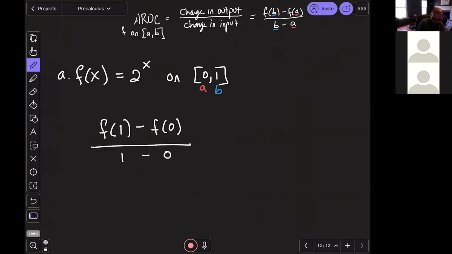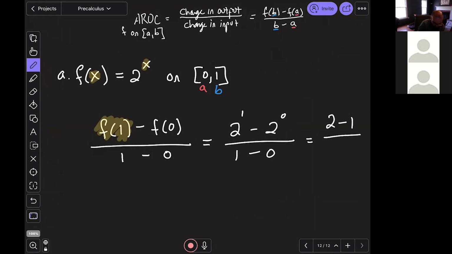Feels pretty good? Mm-hmm. Now to get f of 1, I need to take this 1 and plug it in up here. So f of 1 is going to be 2 raised to the 1, and f of 0 is going to be 2 raised to the 0, all over 1 minus 0. 2 to the 1 is 2, 2 to the 0 is 1, and the denominator is the same.